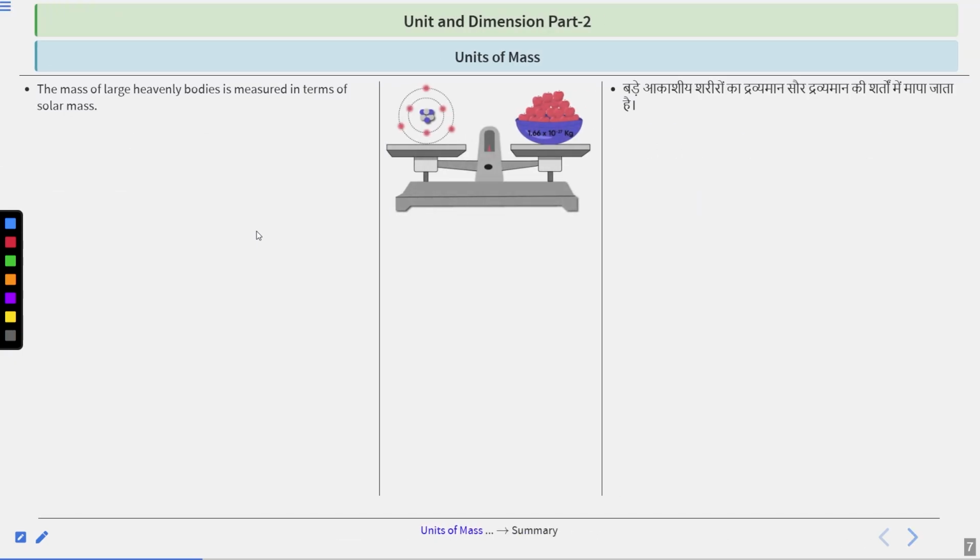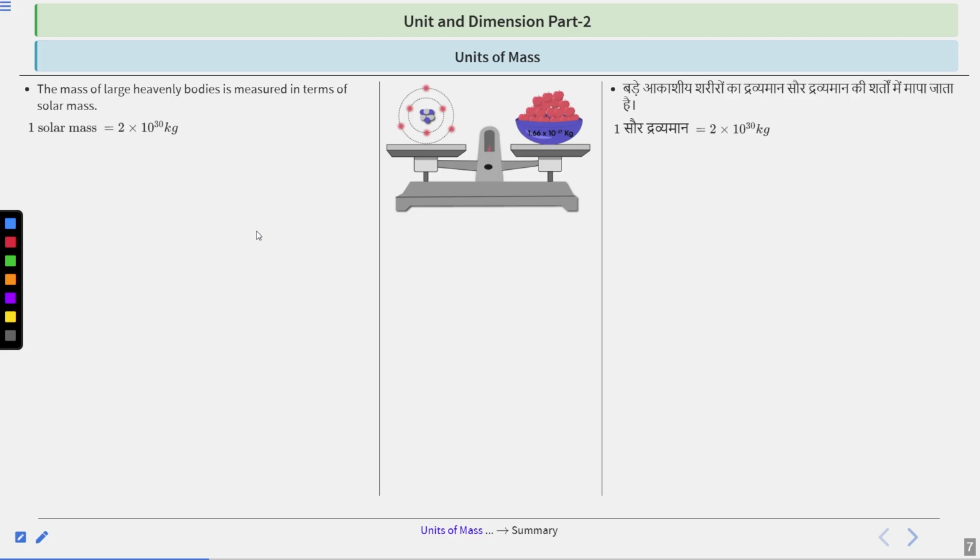Now the mass of large heavenly bodies is measured in terms of the solar mass. We are not talking about any physical body, we are talking about heavenly bodies, also called space bodies. They are larger in size, so it's hard to exactly measure their weight in kilograms, so we measure them in terms of the solar mass.